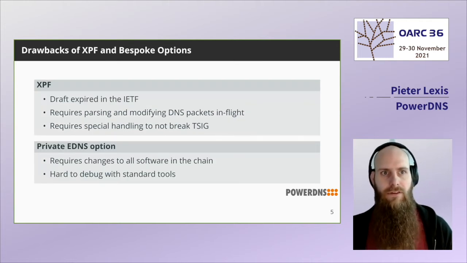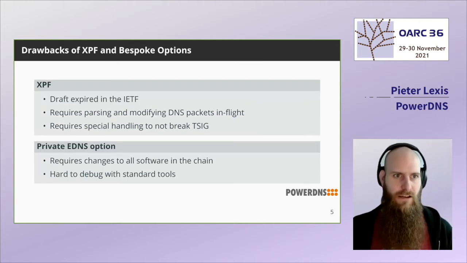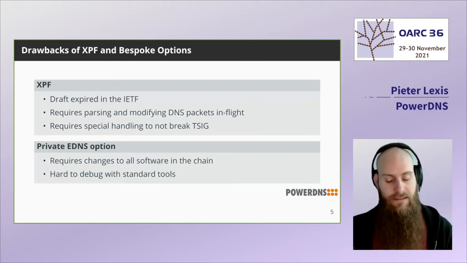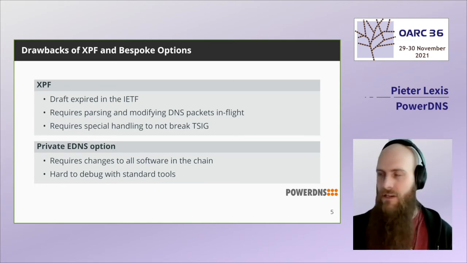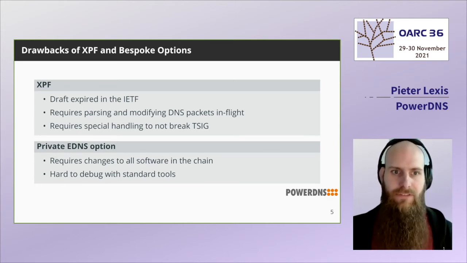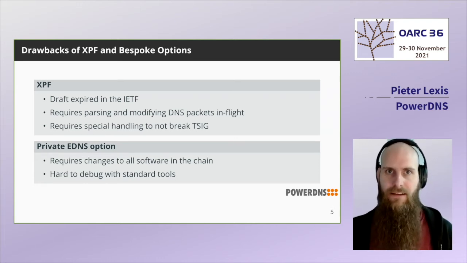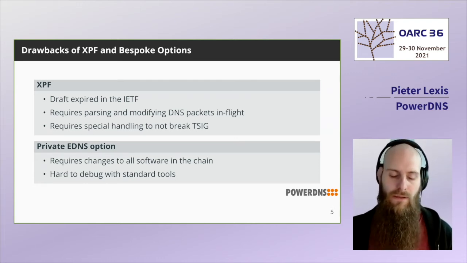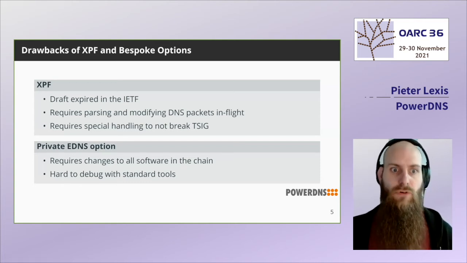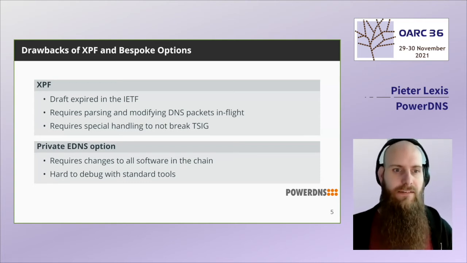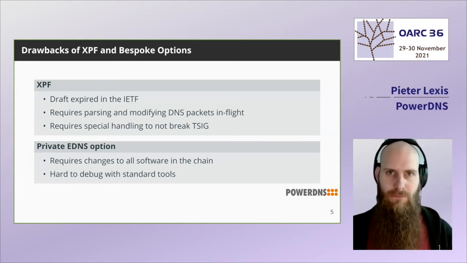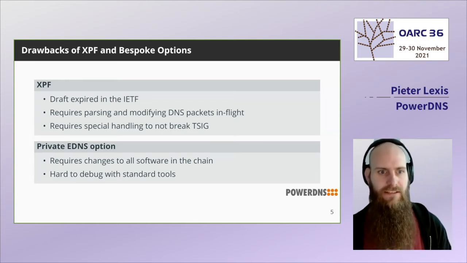Then the drawbacks of XPF and other options. XPF had the information about ports, had the information about transport mechanisms. However, the draft expired at the IETF, and there seems to be no real momentum behind it anymore. And of course, it also requires parsing and modifying DNS packets in flight, and also requires some special handling to not break TSIG.